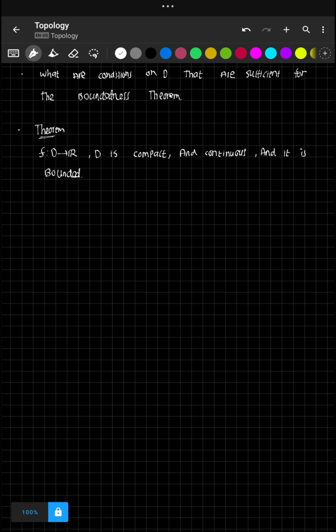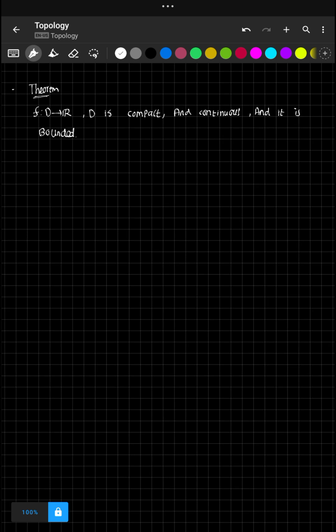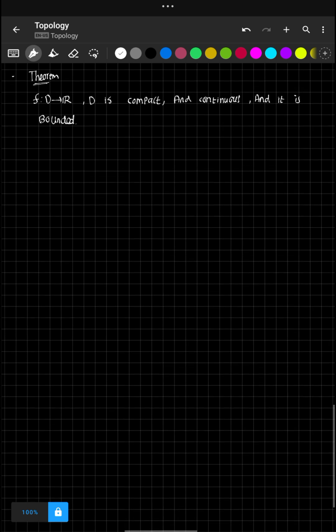Now we want this theorem to be true, and we are finding the candidates of what compactness can mean here. So the first candidate can be, say, a set is compact if it is closed.